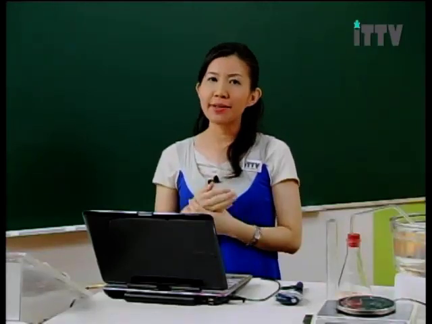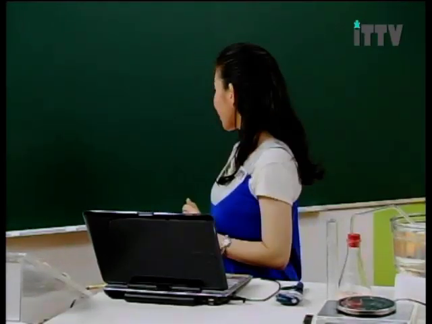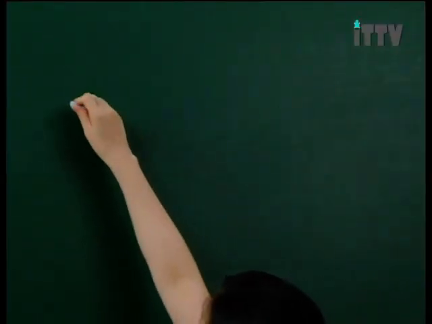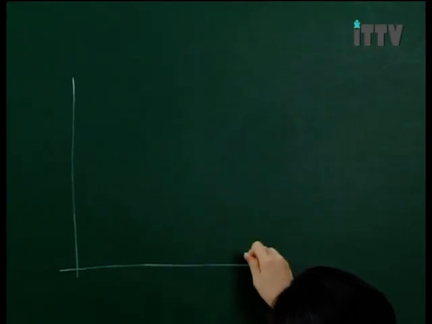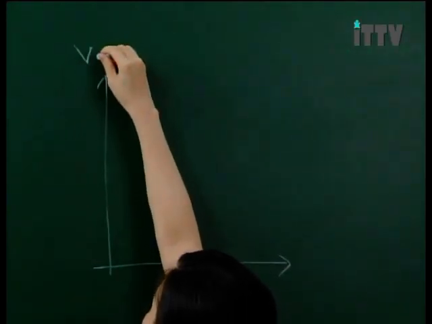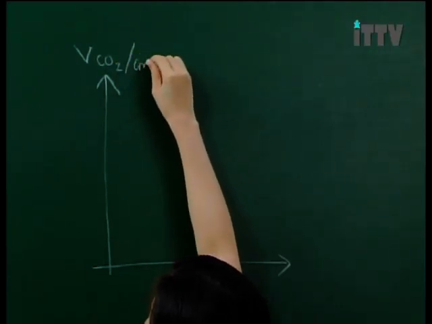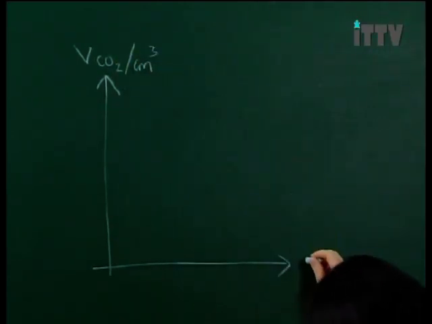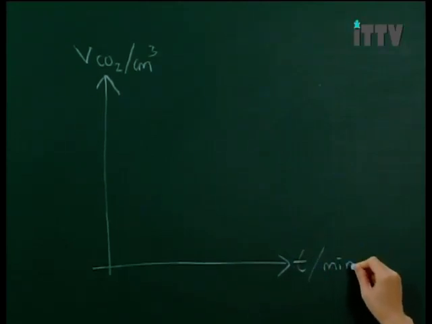Let's look at the board as in how the graphs for A and B would look like. So let's draw the graph of the volume of carbon dioxide collected versus time. So the y-axis would represent the volume of carbon dioxide collected in cm cubed versus time in minutes.